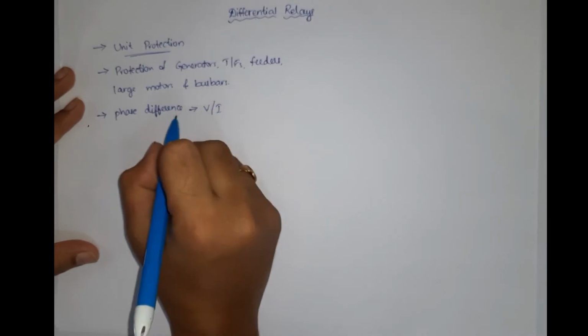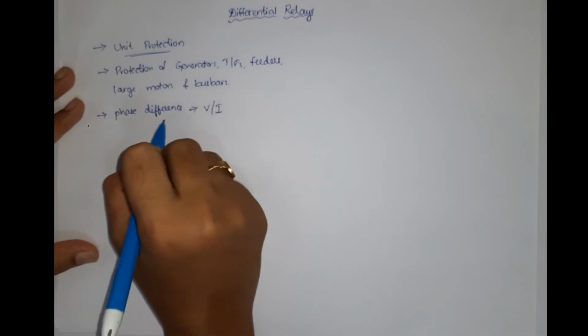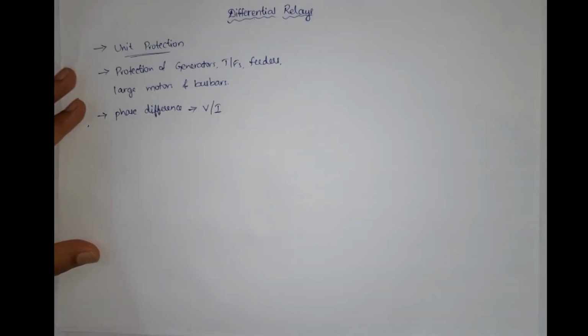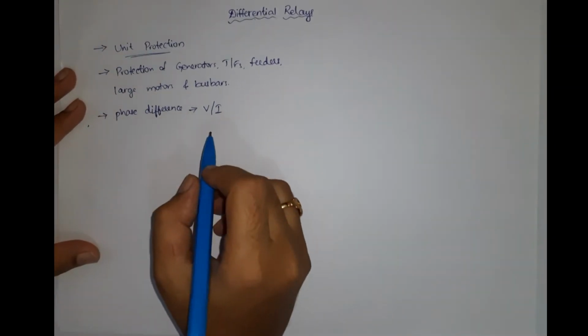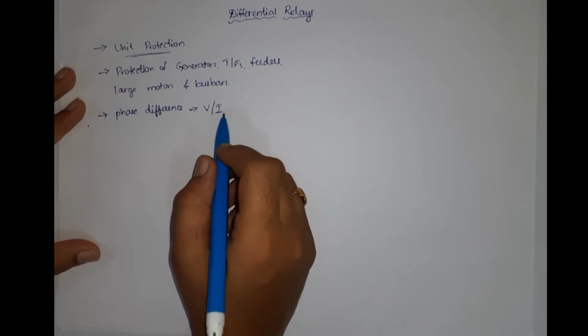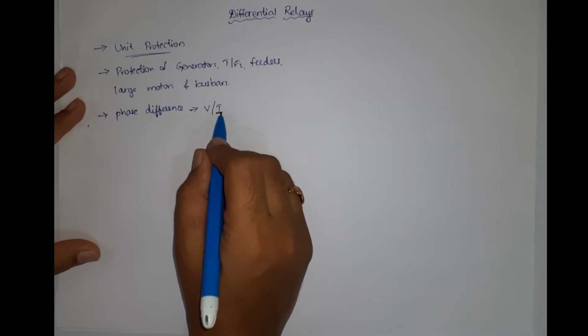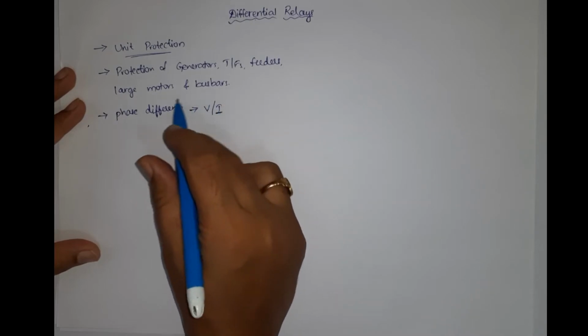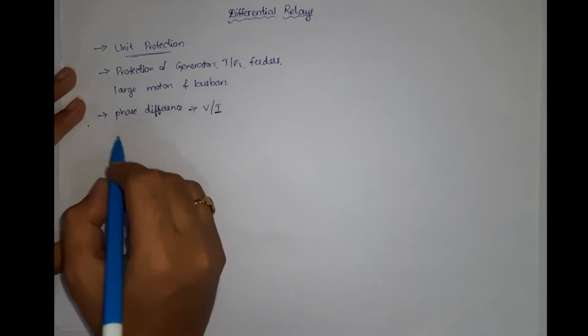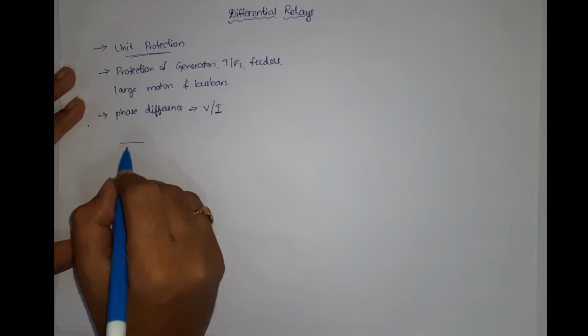So whenever the phase difference of this electrical quantity, either voltage or current, is greater than a predetermined value, then the differential relay works. So let us see its characteristics now.